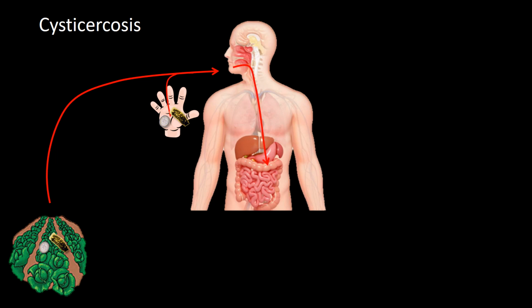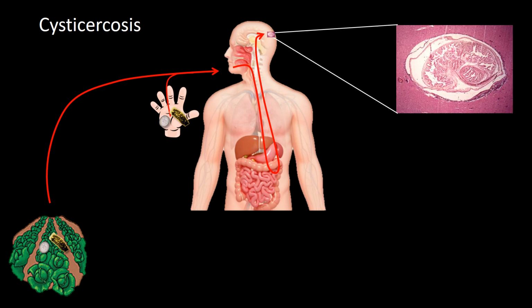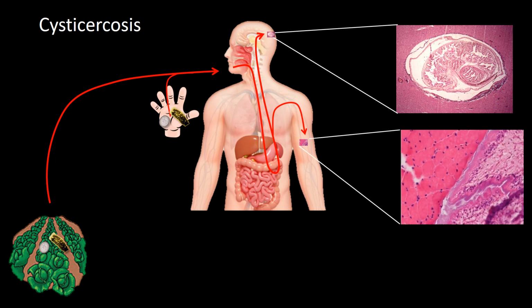Once ingested, these organisms reach the intestine, go through the intestine wall to gain entry into the circulation, and then they may reach the brain, where they can produce CNS cysticercosis, or the muscle, where they produce muscular cysticercosis.